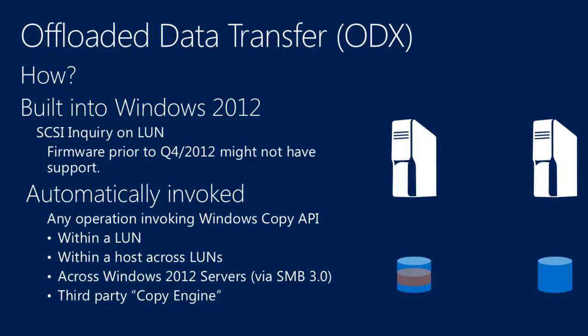So any operation that tries to use the Windows Copy API by default, so a drag and drop, a Control-V, Control-P, some of the deployments get invoked, whether the copy is within a LUN, across LUNs, or across an SMB connection to a different server that has an ODX-capable device.